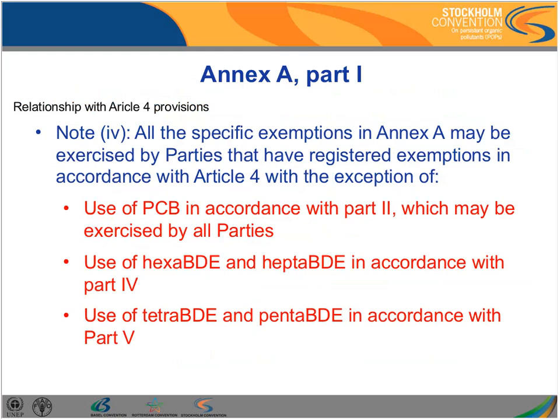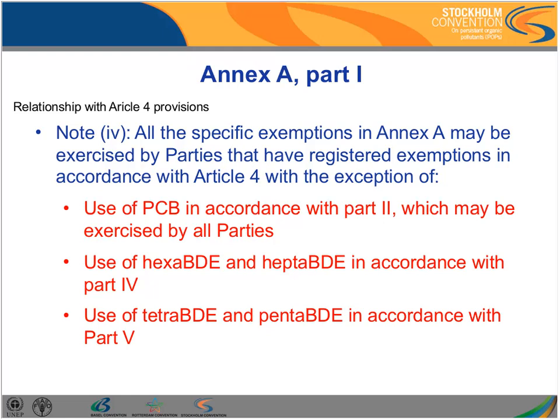The relationship with Article 4 provisions is provided in Annex A, Part 1, in Note 4. If you look at Part 1, there is the list of chemicals in a table, and after that table there are several notes that provide important provisions. One of them is Note 4, saying all the specific exemptions in Annex A may be exercised by parties that have registered exemptions in accordance with Article 4 with the following exceptions.